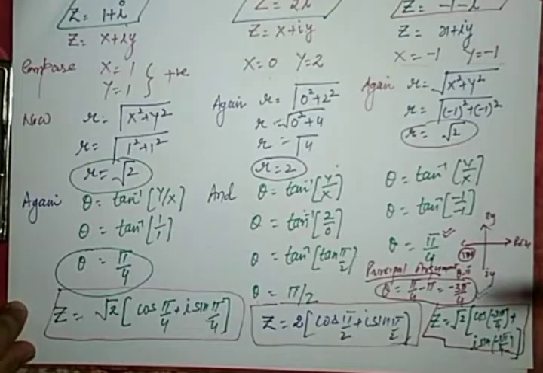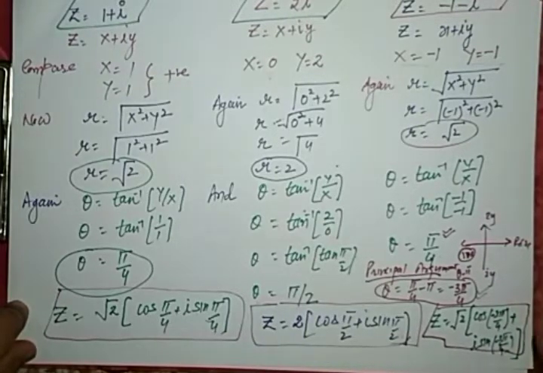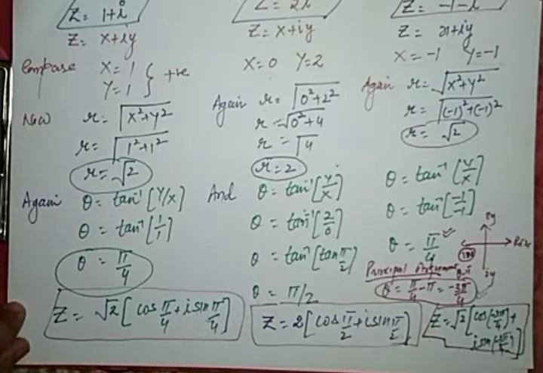Now simply substitute the values. Z is equals to root 2 cos of minus 3 pi by 4 plus iota sin of minus 3 pi by 4. This is the polar form of this complex number minus 1 minus iota. The only thing that you have to keep in mind here is that for the calculation of principal argument, you have to consider where our real and imaginary parts lie.